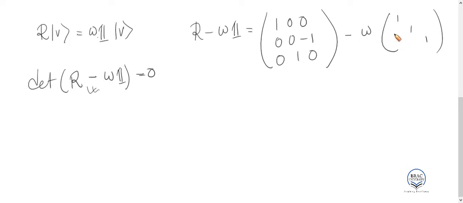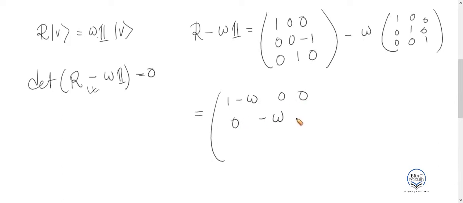Note that I'm not writing the zeros explicitly over here, but you can do that if you want to. And in the next line, this is fairly simple. This is just 1 minus omega 0 0, 0 minus omega minus 1, 0 1 minus omega, right?